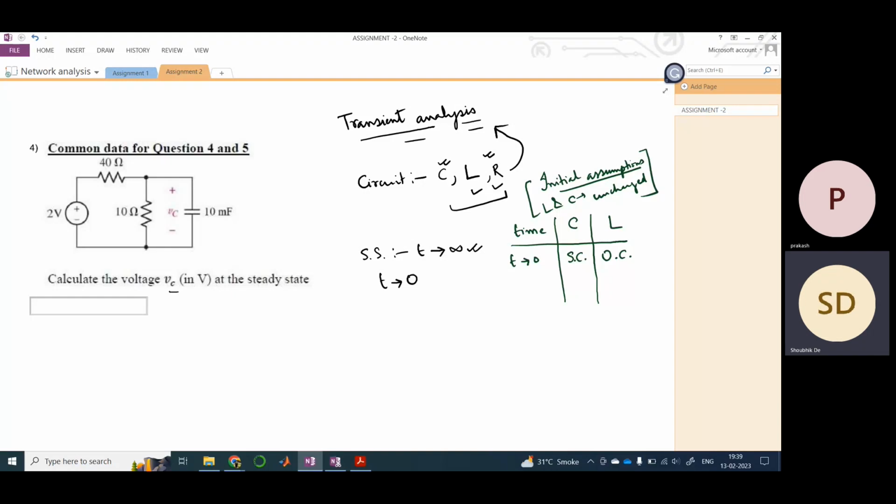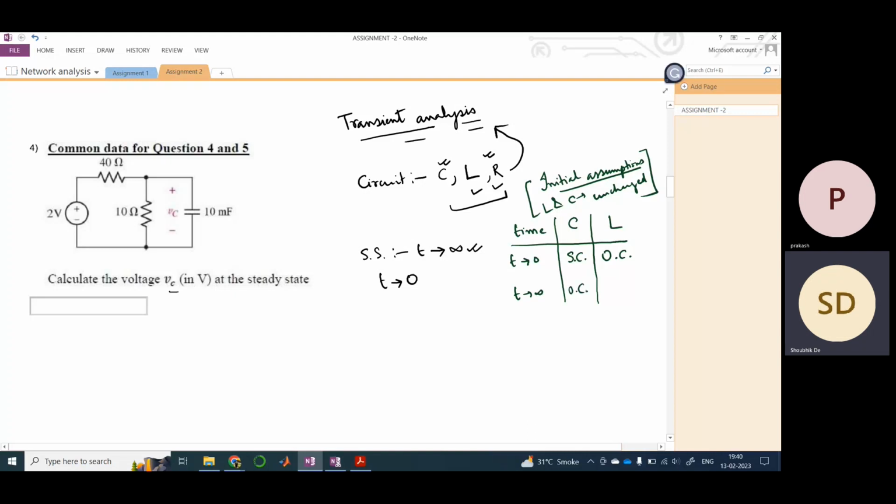So at t equals to 0, as soon as we turn on the circuit, you won't expect any charge build up instantaneously through the capacitor or through the inductor. So my capacitor would be acting like a short circuit, and my inductor would be acting like an open circuit. Now at time t equals to infinity, it would just be the opposite.